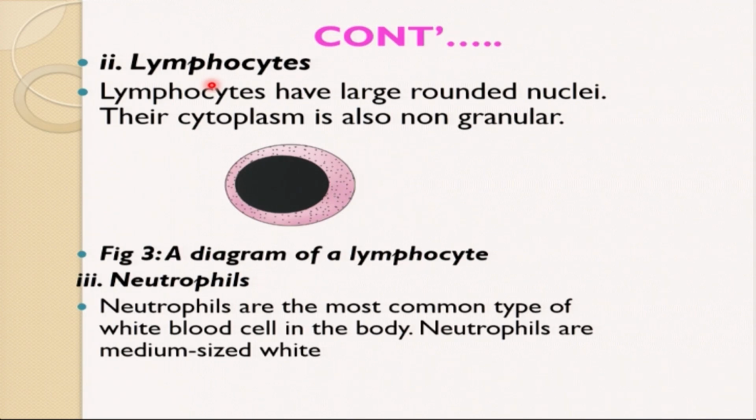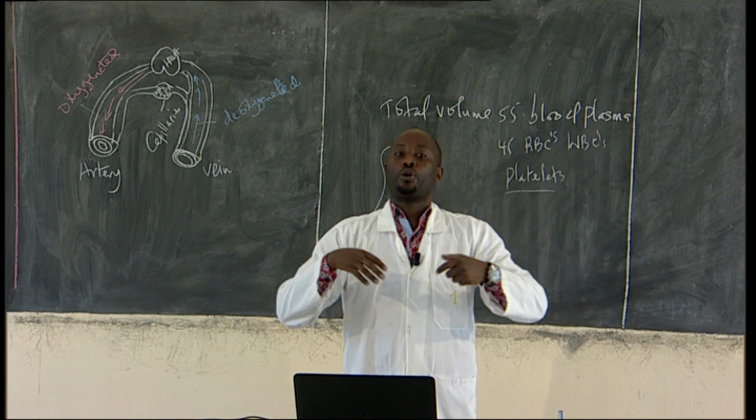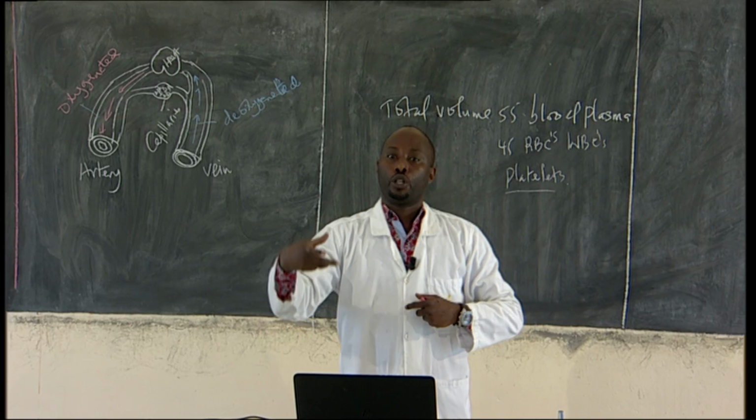Once antigens are present, they stimulate the production of antibodies. And eventually, the antibodies are able to defend the body against the disease-causing agent. So we talked about phagocytes, which involve surrounding and weakening the disease. We have lymphocytes, which, once antigens are present, stimulate the body to produce antibodies.